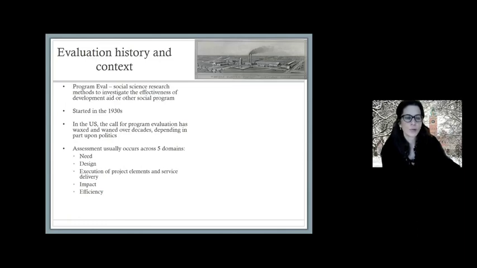So usually we see assessment in the evaluation world occurring across 5 domains. What is the need for the program? What is the design of the program? How did execution look? And then what was its impact on the problem targeted? And how efficiently was that impact achieved?